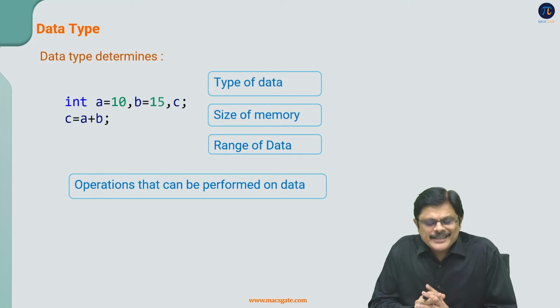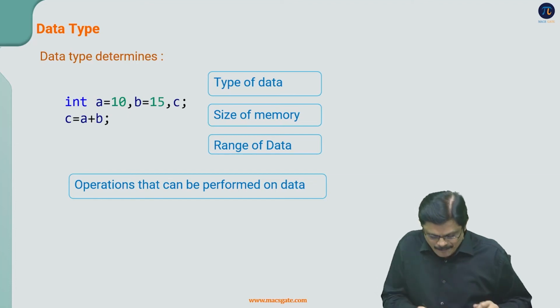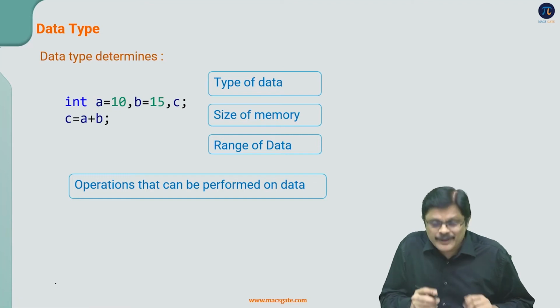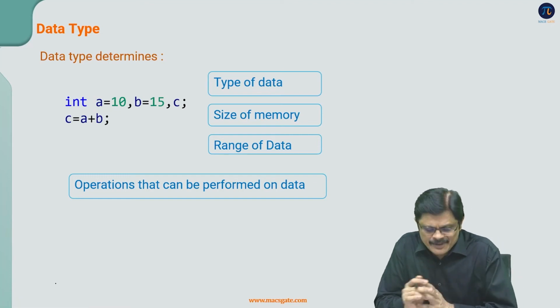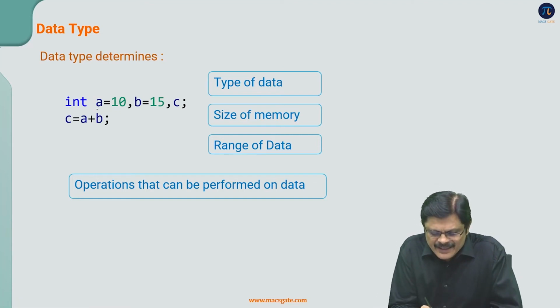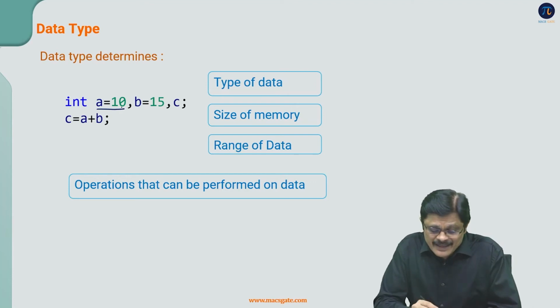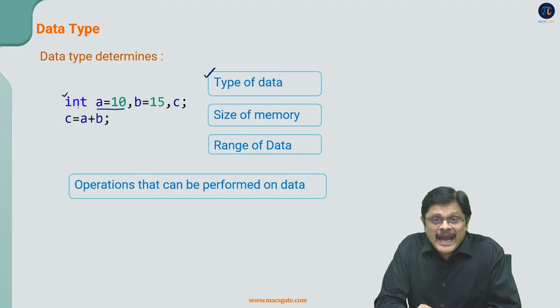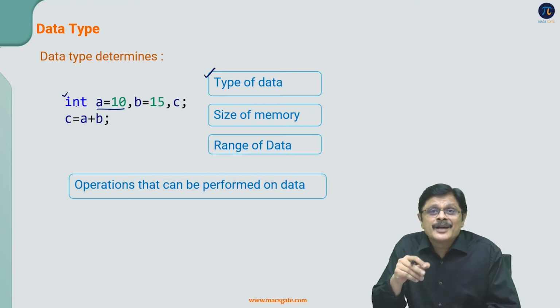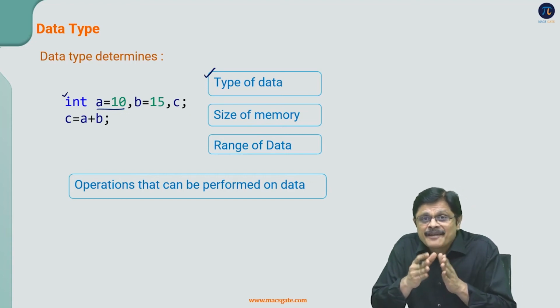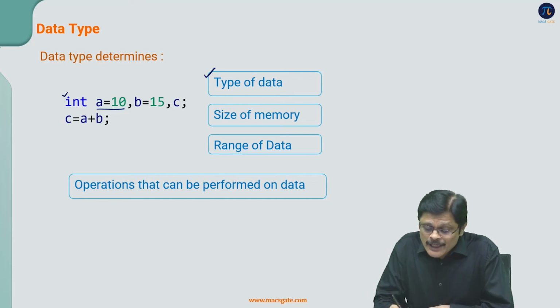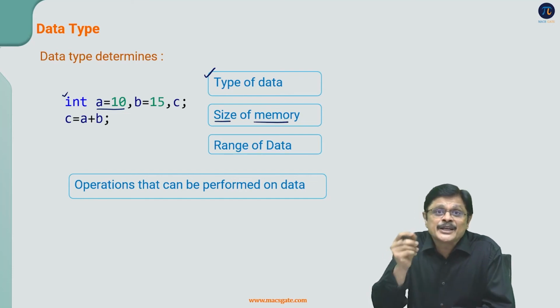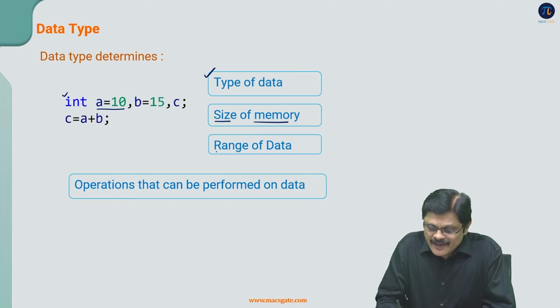Now let us understand what the data type determines. My dear friends, when you declare or define a variable like int a is equal to 10, this tells you the type of the data. Once you know the type, for each type there is a different allocation of memory. So we also know the size of memory allocated to that particular type, and the range of the data.